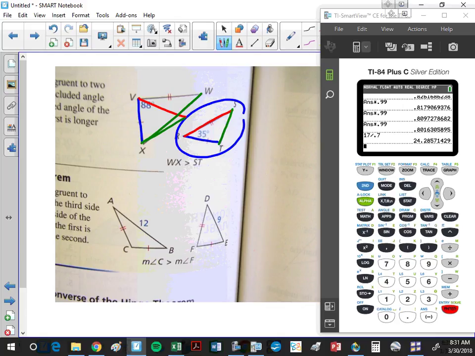And then down below you have the converse, which basically says if you know what the side lengths are, then you can determine the angle. So this is equal to this, and this is equal to this. And then I have the third side of the first one is 12, and the third side of the second one is 9. So this says the measure of angle C is larger than the measure of angle F. Why is that? How do we know that's true?